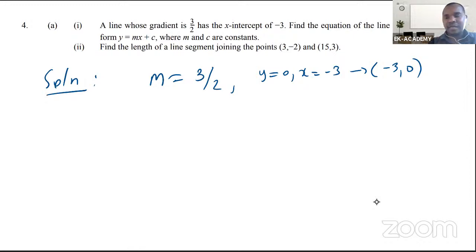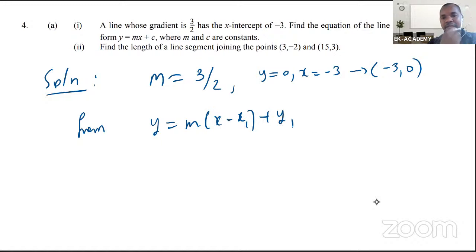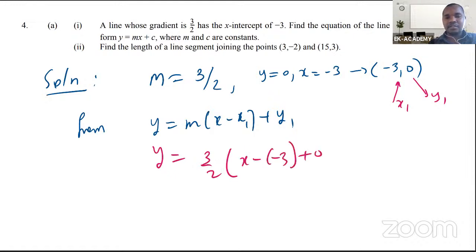One of the formulas for finding the equation of a line is y = m(x - x1) + y1, and for our case here, x1 is -3 and y1 is 0. So the equation now will be y = 3/2 (x - -3) + 0.